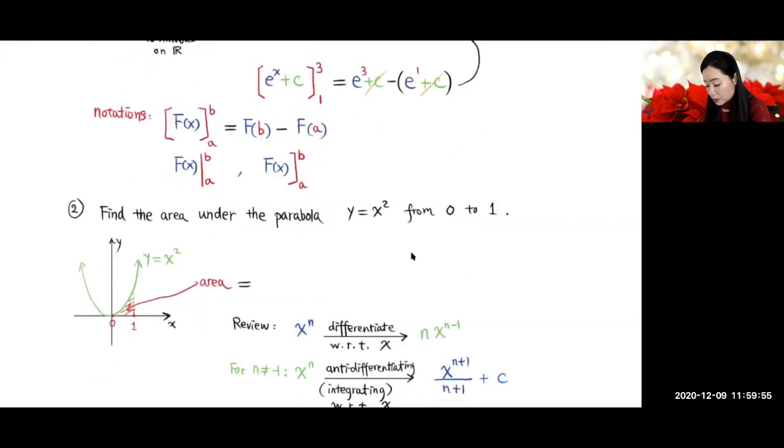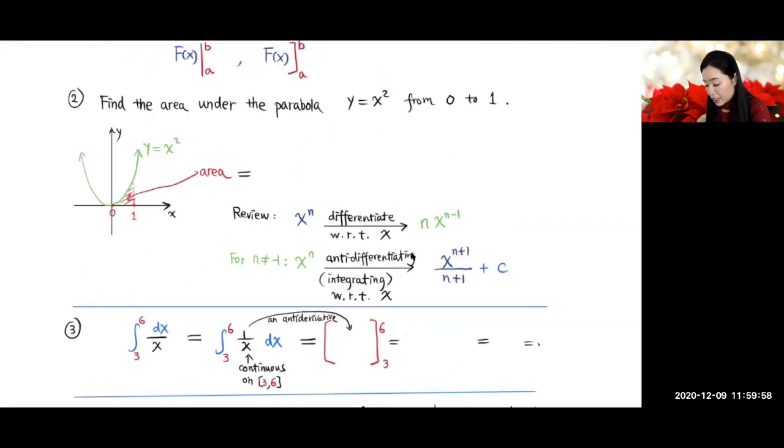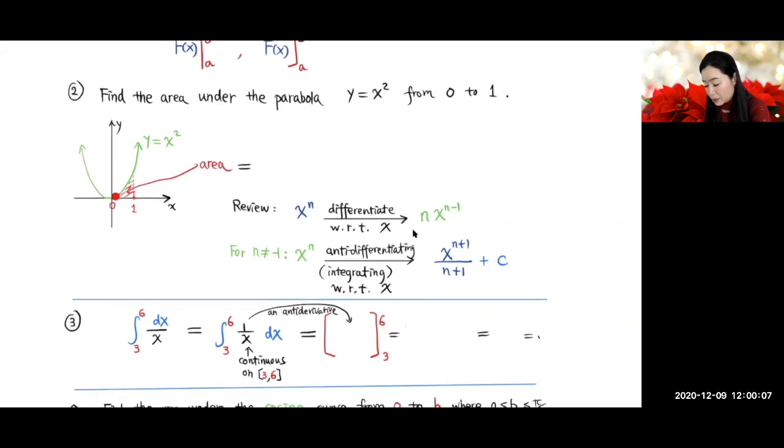Okay, number 2. We're trying to find the area under the curve from 0 to 1. So here's the curve, and the area under the curve from 0 to 1 will be this shaded area right there. So let's set up an integral. It will be the integral of what function? The x squared function, right? dx. x goes from where to where?